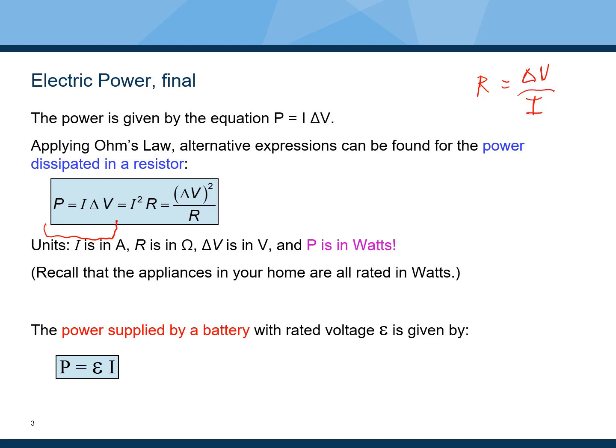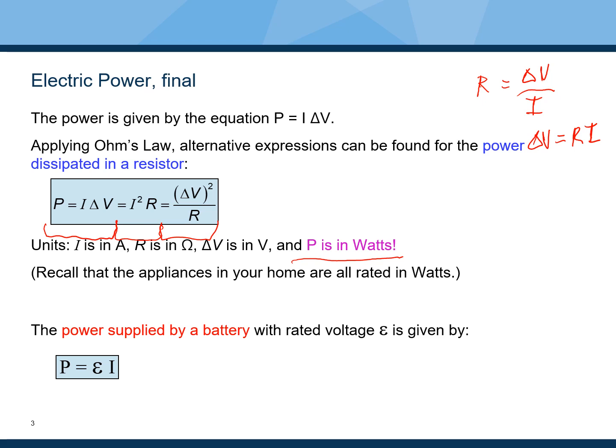So we can say that delta V is equal to R times I, and therefore, if we stick that in here, we get another expression for the power dissipated in the resistor, which is equal to R I squared. Or alternatively, we can obtain an expression that is entirely in terms of the voltage across the resistor and get delta V squared divided by R. So all of these are equivalent, and all of these are measures of power, which is always measured in watts.